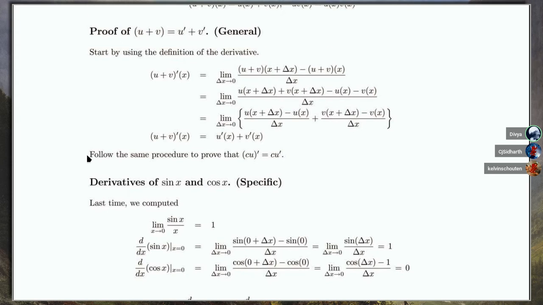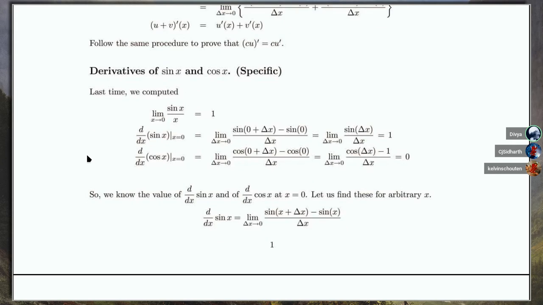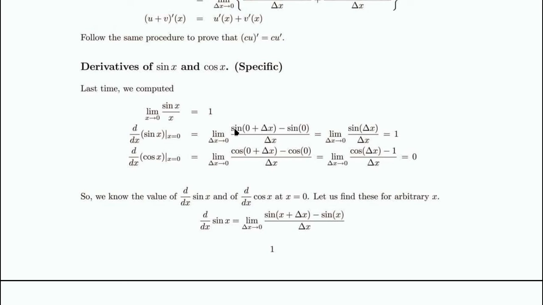So yeah. Now we try to evaluate derivatives of the trigonometric functions. Let's see. So we saw this thing, sine x over x, how it approaches 1, and (1 minus cosine x) over x, how that approaches 0.